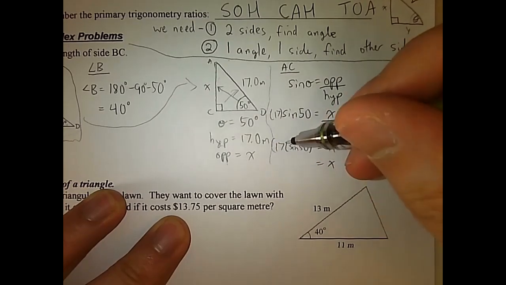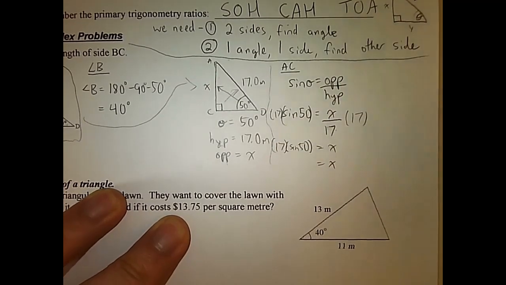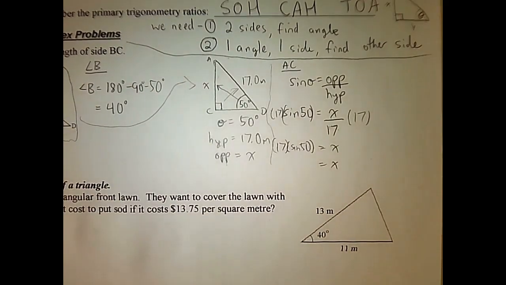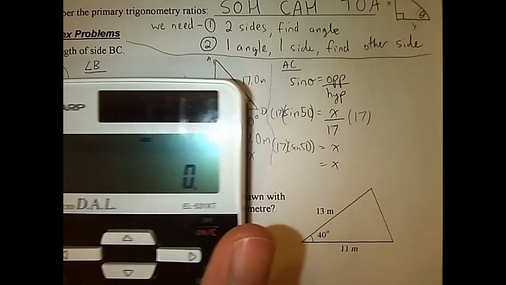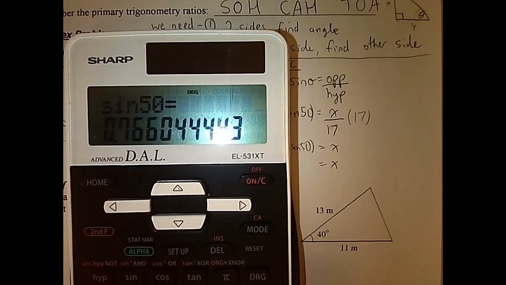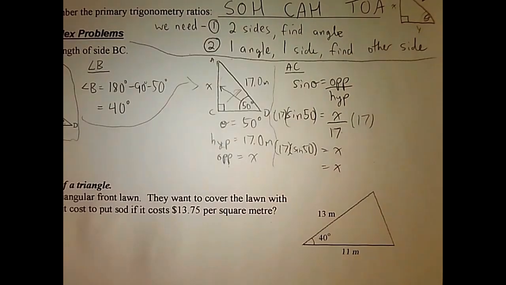Sorry, these brackets just mean multiplication here. So then I'm just going to multiply these to get x, making sure my calculator is in degrees. I'm going to press sine 50. I get that number, this kind of decimal, times it by 17, and I get 13.02.